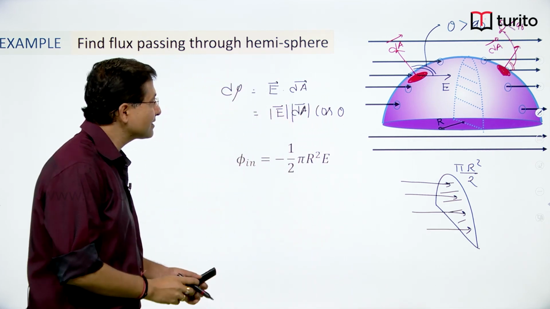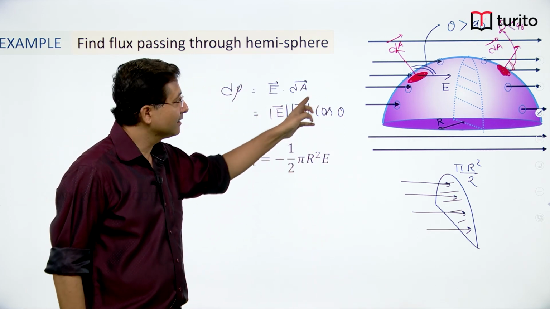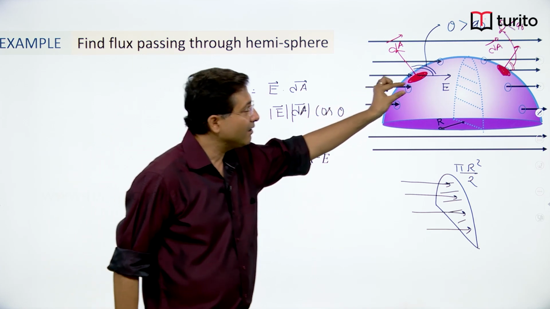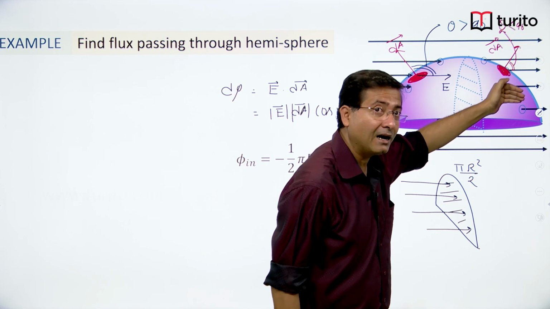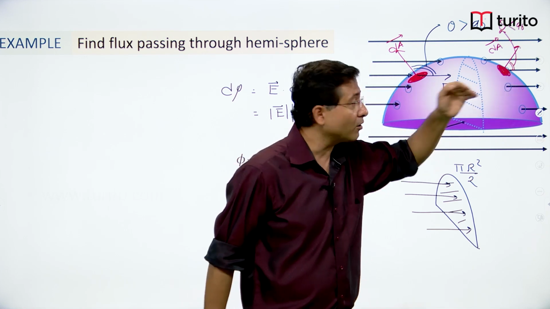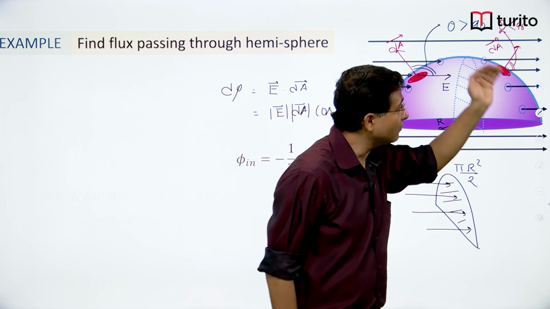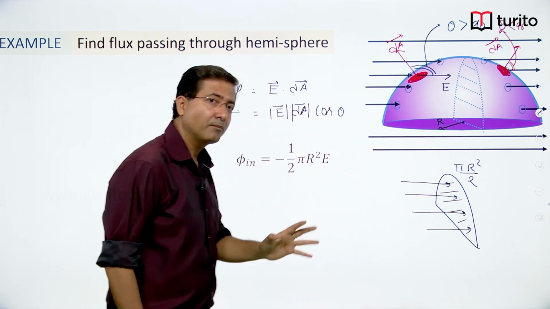So if the angle is less than 90, cos is positive, then this quantity will be positive. Every element on this side where lines are leaving will have positive flux. If you add all positive flux, you will get total flux positive.